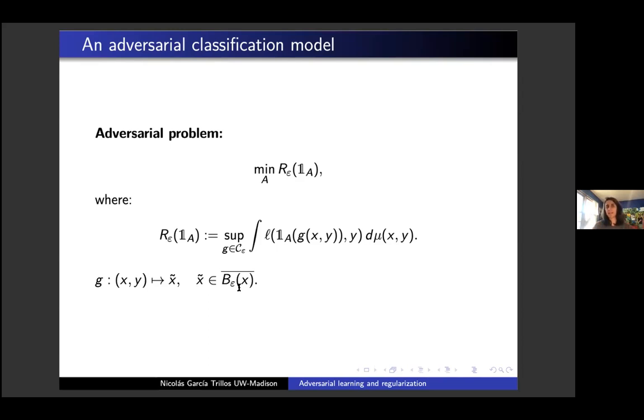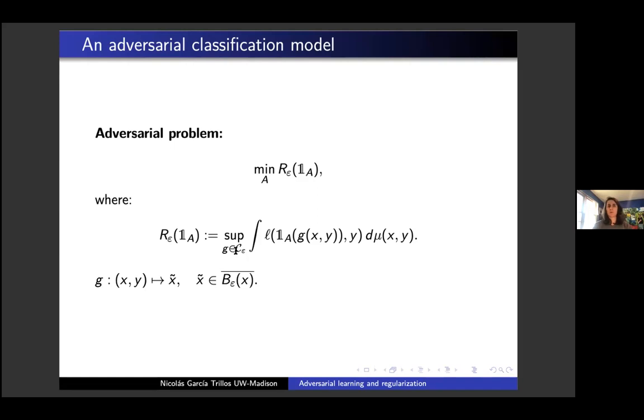The adversary can take any incoming data point and shift at least the X coordinate to a new location. In doing so, it can use information about the true label, but again, the important thing here is that it can modify the X coordinate by a distance epsilon.